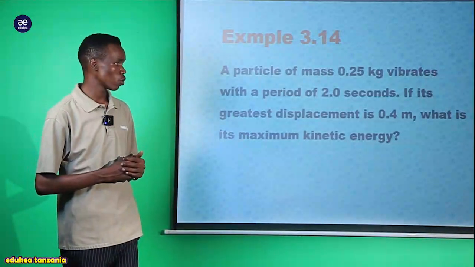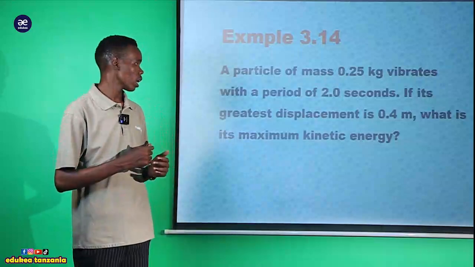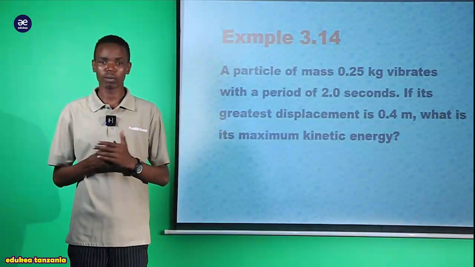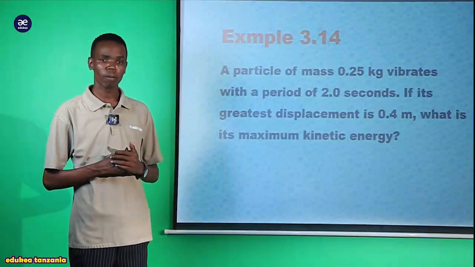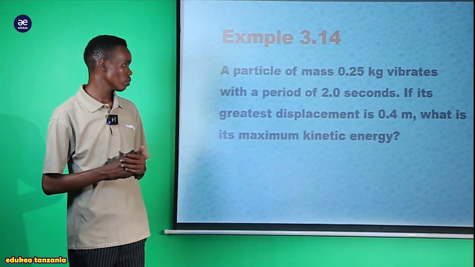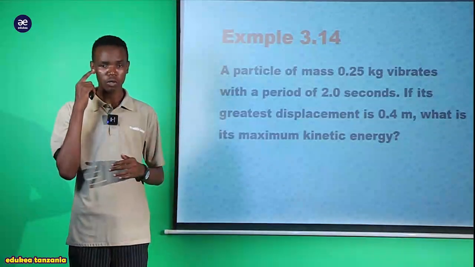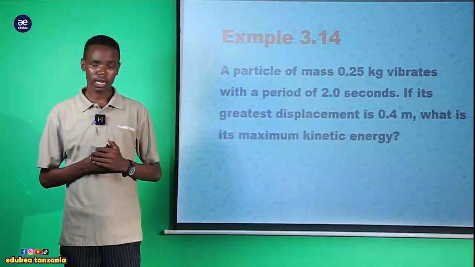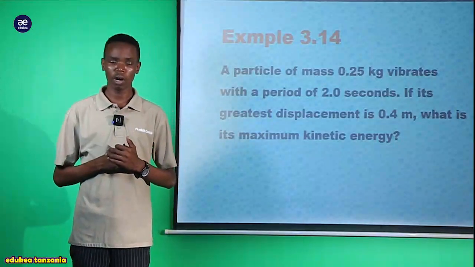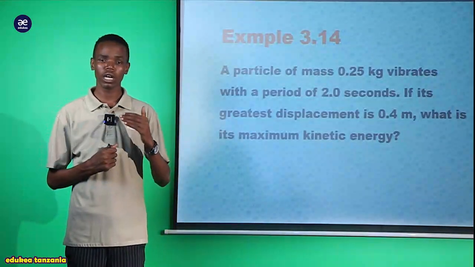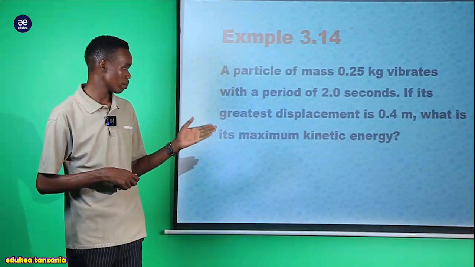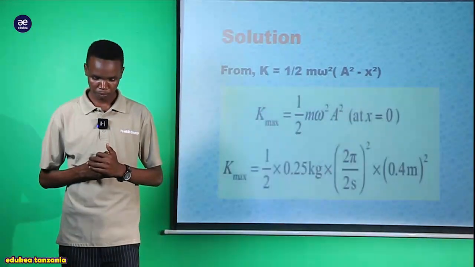The period, the time in which the particle vibrates, is equal to 2.0 seconds, and the greatest displacement is equal to 0.4 meter. Now we are supposed to find the value of the maximum kinetic energy.